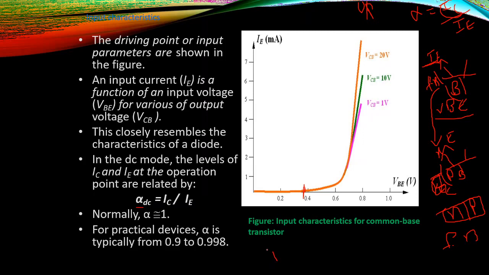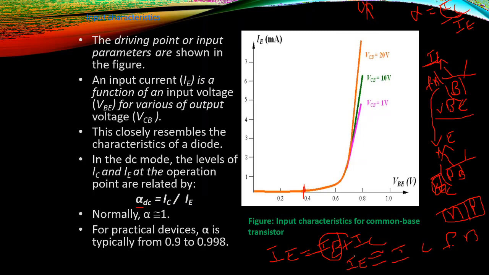We already know the equation of a transistor: IE equals IB plus IC. We know that the IB current is very small, so I can say that IE is approximately equal to IC.